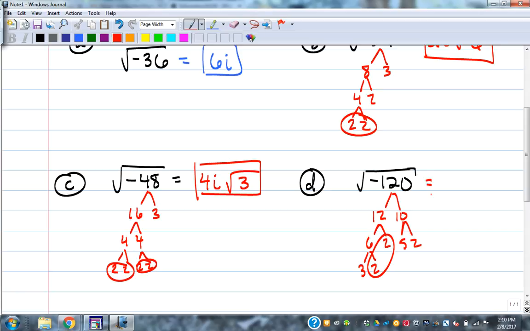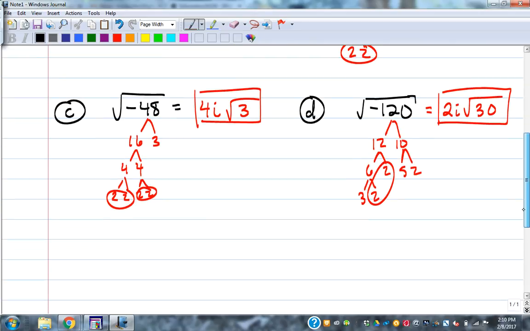So what's on the outside? 2i square root of how much? 30. Yeah, I thought I heard somebody say 30. So other than the i, it's not any different to simplify a square root than it was the last couple of days. It's the same thing. Okay. Fairly simple as far as that goes.